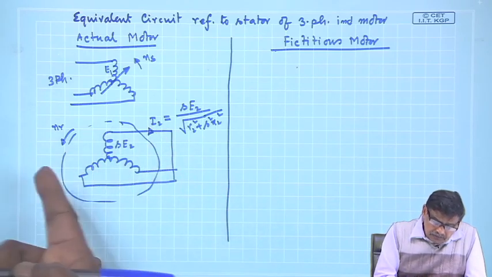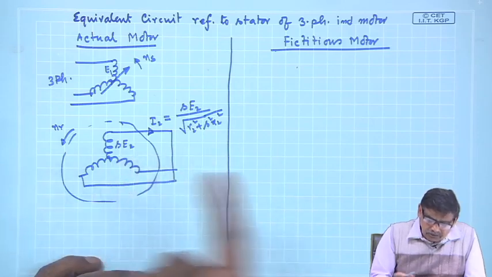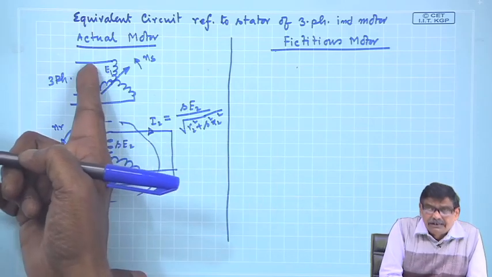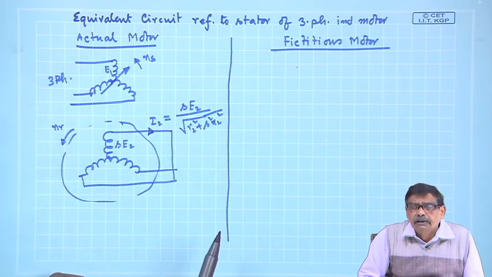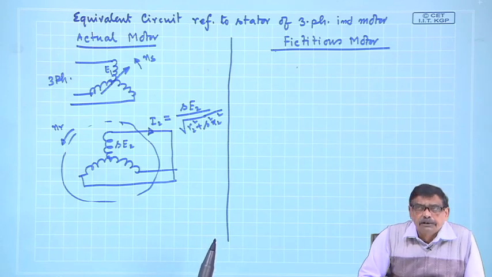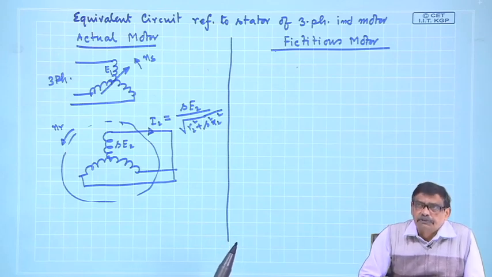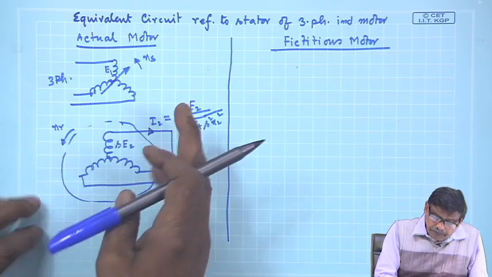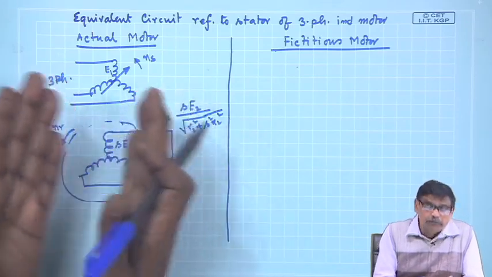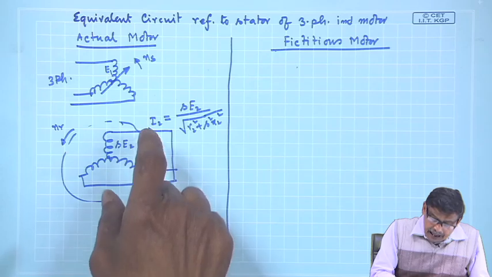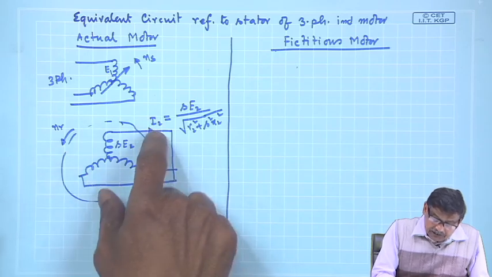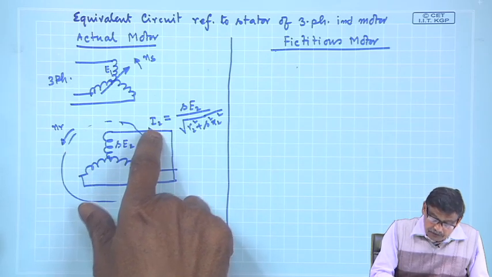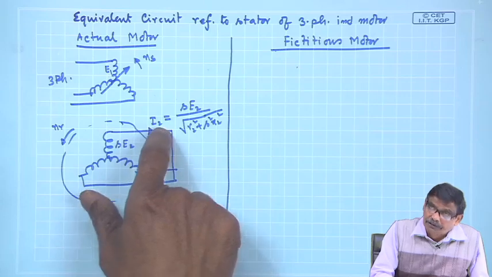Mind you, no matter whether the rotor is rotating or not, sitting on the stator you will always see the rotor field moving with synchronous speed. Many a time we have seen that. Although the rotor is rotating with speed NR, the magnitude of the rotor field depends upon the maximum value of this current, that is root 2 into I2.